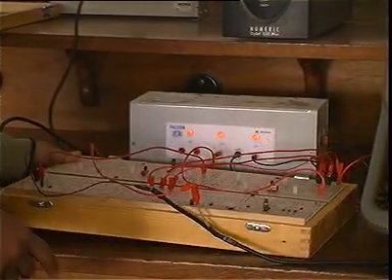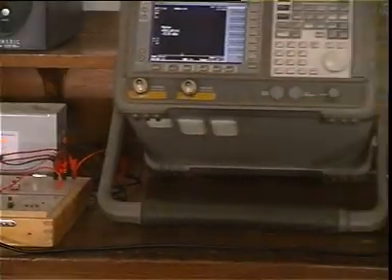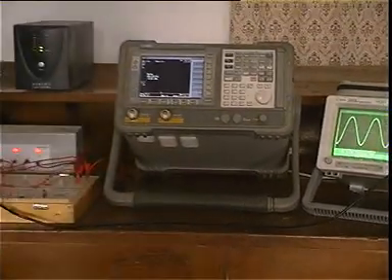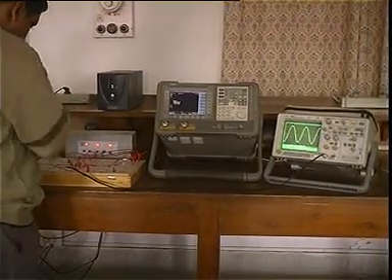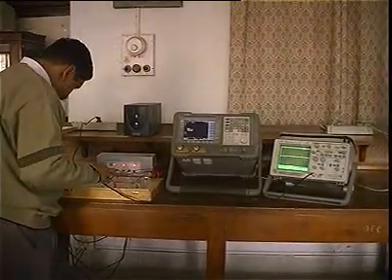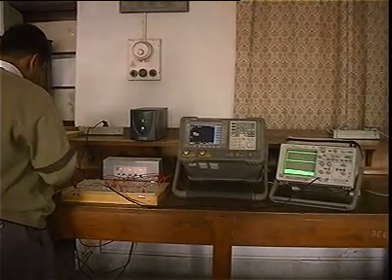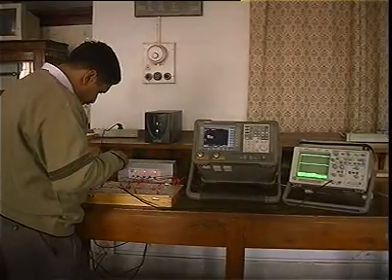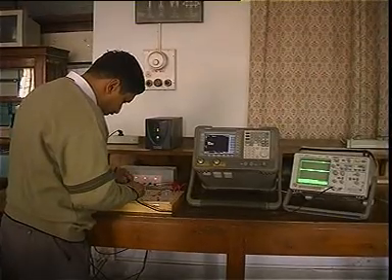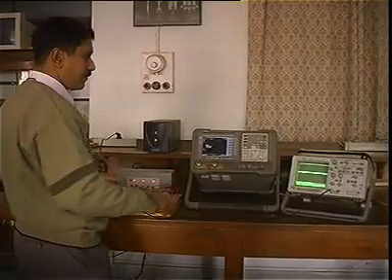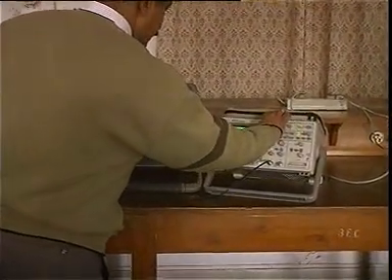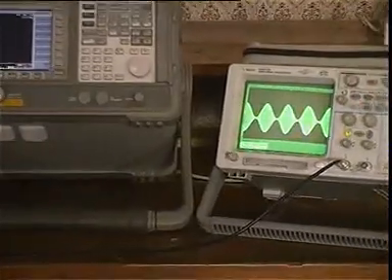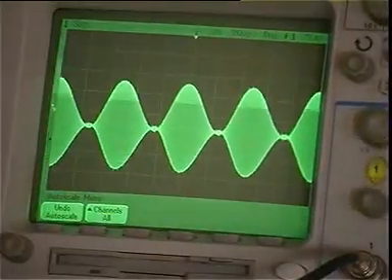Let us connect the output to the oscilloscope and see how the AM signal looks. What you are seeing on the screen is a typical amplitude modulated signal.